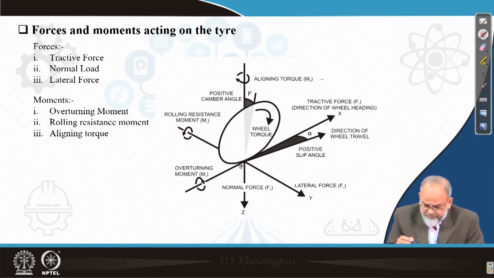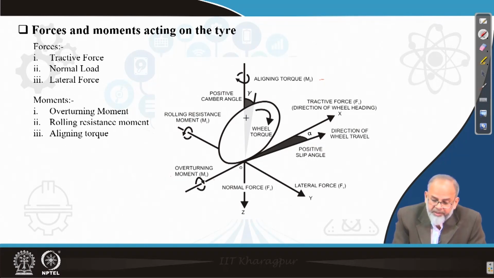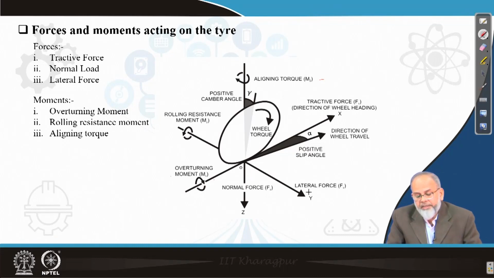The y-axis is in the ground plane itself, perpendicular to the x-axis, and the z-axis is perpendicular to the ground plane. The positive direction of the x-axis is forward, the positive direction of the z-axis is downward, and the positive direction of the y-axis is towards the right side, so that the entire axis system becomes orthogonal and right-handed.